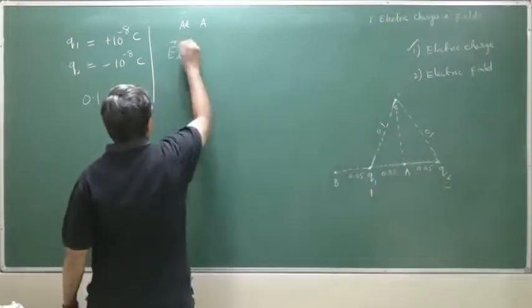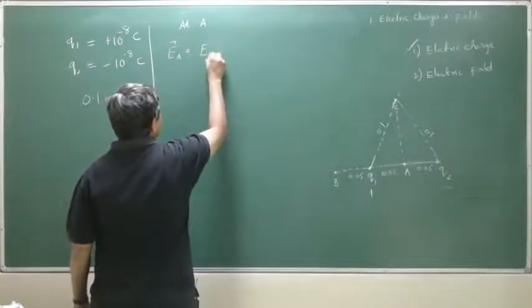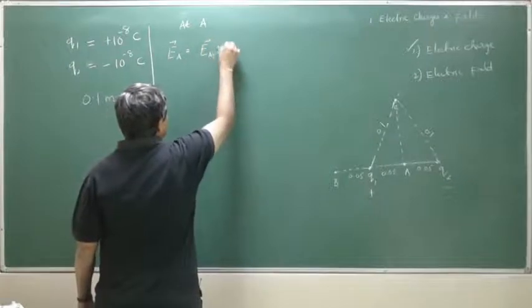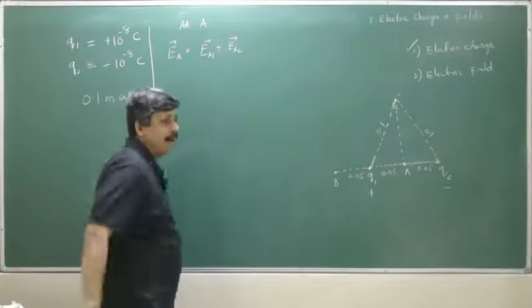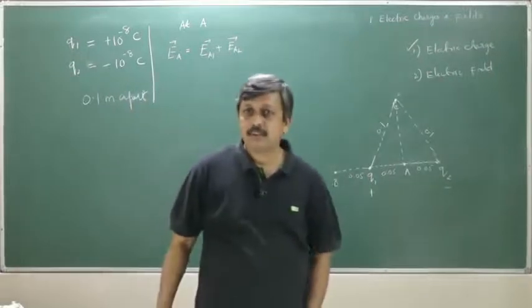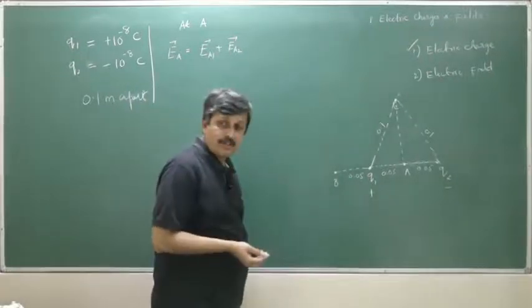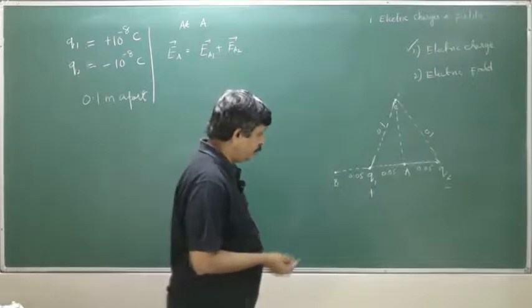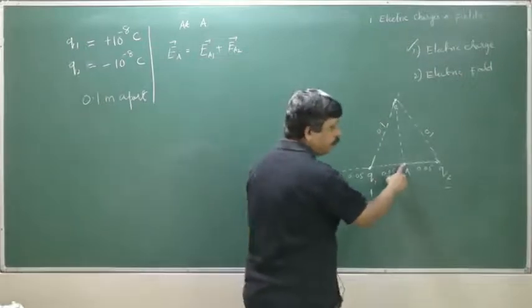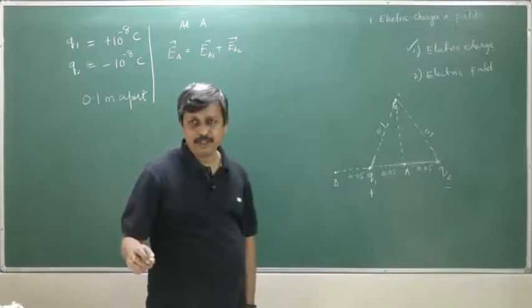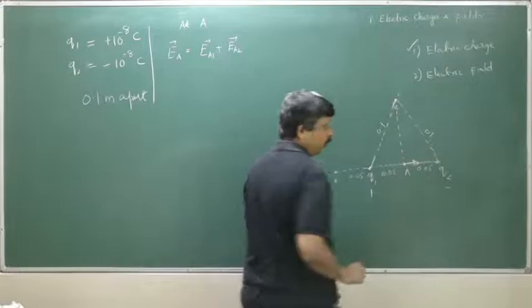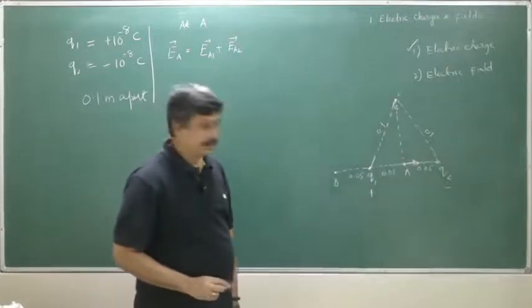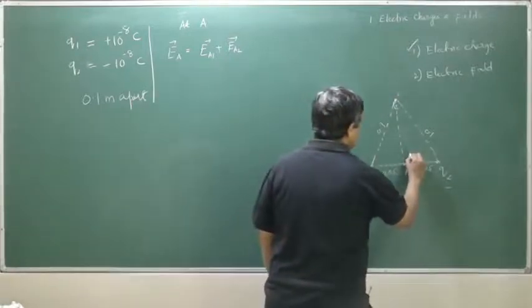So the electric field at A is nothing but E at A due to 1 plus E at A due to 2. Now, let us understand what is the electric field at A due to Q1. This is plus, and the field is always away from the point charge. That means, if you put a unit positive charge, where does it go? This side. So this is nothing but E A1.